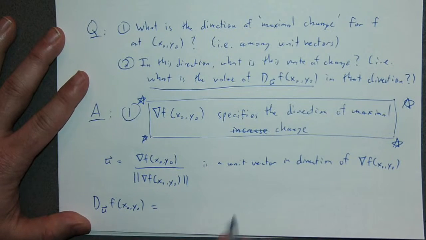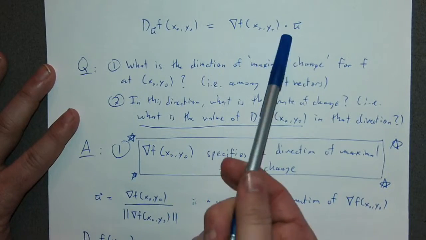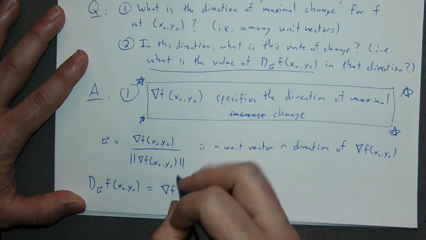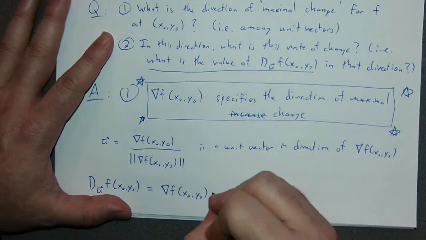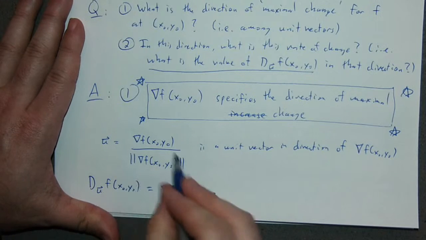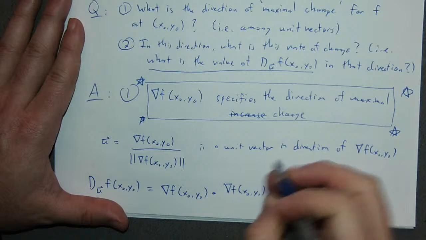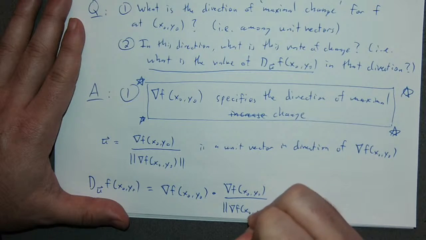The directional derivative is the gradient dotted with whatever this u is. So it's the gradient of f at x naught, y naught, dotted with the gradient of f at x naught, y naught over the length of the gradient of f at x naught, y naught.